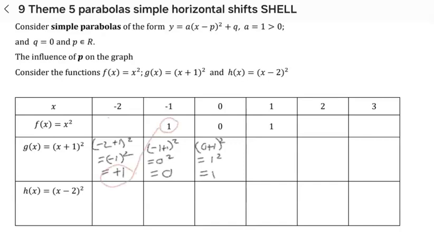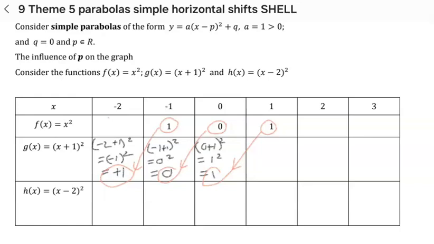And for x equal to minus 1, I get the same y value as I had for x equal to 0 before, and for x equal to 0, I will get the same value as I had for 1 before. So what happened is everything shifted 1 unit to the left, and we will also see it on the graph.